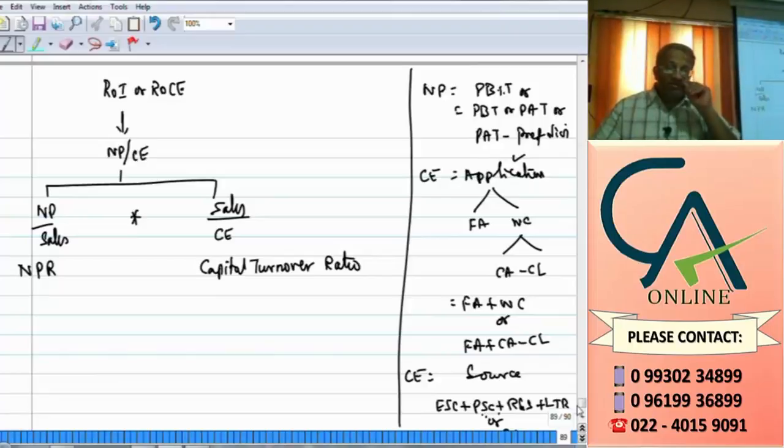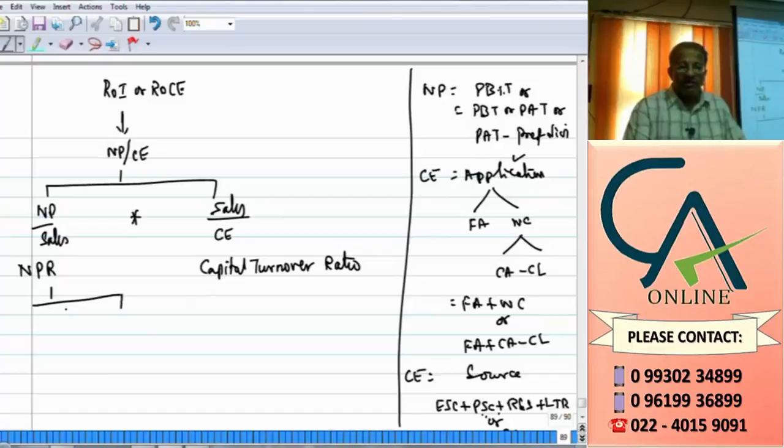If it is exclusive of long-term borrowing, I should exclude interest. If it is exclusive of long-term borrowing and preference share capital, then it should be profit after taxation minus preference dividend. Are you understanding, all of you? Whatever source I have in my denominator, the corresponding compensation should be there in my net profit. If I exclude that, I should also exclude that in the numerator. So, cause and effect, I am in a position to show the capital turnover ratio.